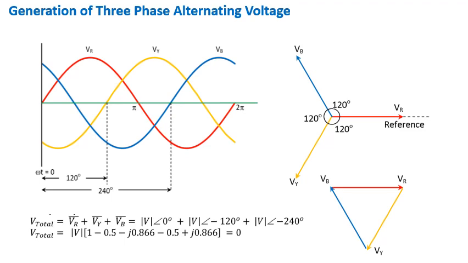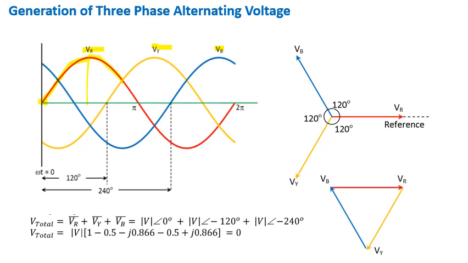Now this figure shows the graphical representation of voltages that are induced in all the three sets of coils, represented by VR, Vy and Vb. Since we have taken R phase voltage as reference, at omega t equal to 0 degree, the EMF induced in R phase is 0, and then it starts to build up. VR is maximum at omega t equal to pi by 2.